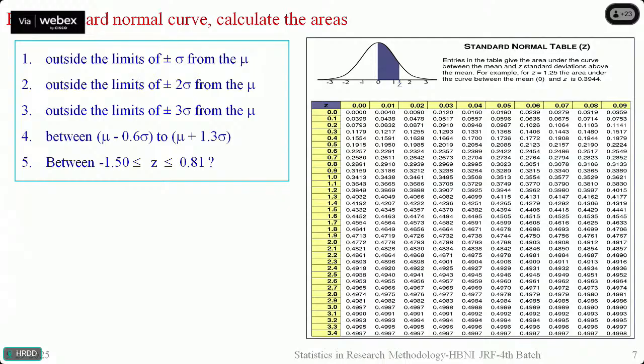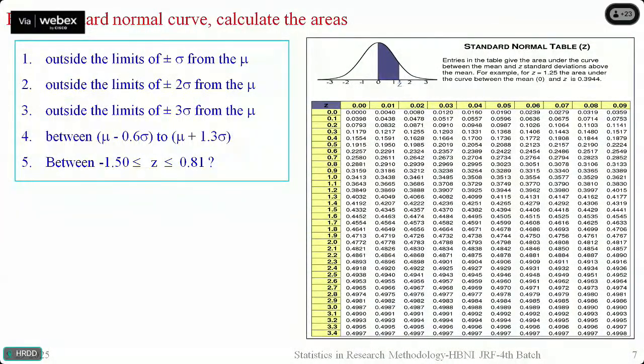What we have to do is read through the table accordingly. In order to read the table given below, the leftmost column, colored yellow for visibility, holds the Z values. The leftmost values start from 0.0 to 3.4. We have seen that the shaded region is up to 1.25.